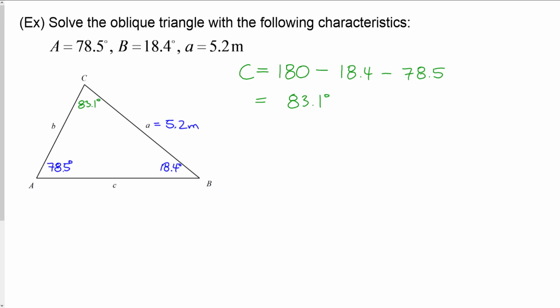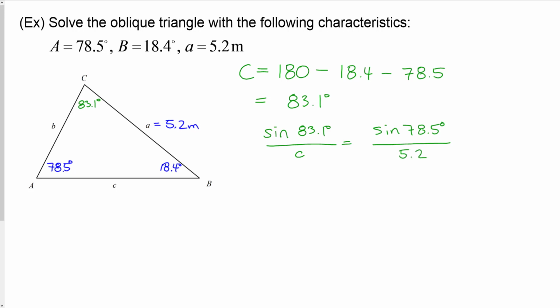Now, the remaining two pieces, we're going to have to use the law of sines to come up with. And this is how we'll go about that. To work the law of sines, we could say, for instance, that the sine of 83.1 degrees divided by c is equal to the sine of 78.5 degrees divided by 5.2.